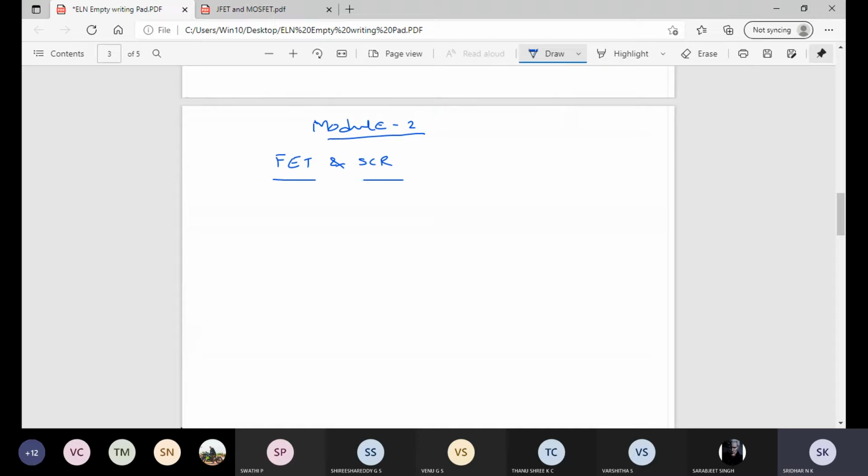So if I want to start with FET, what is FET? If I abbreviate it, it is field effect transistor.